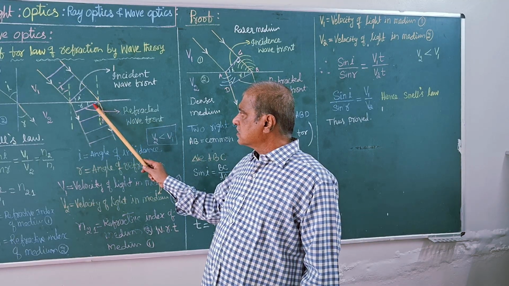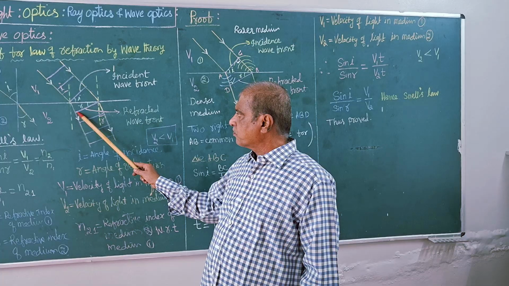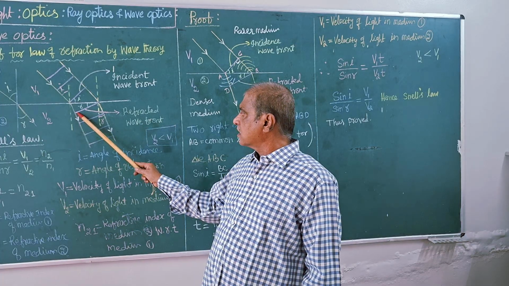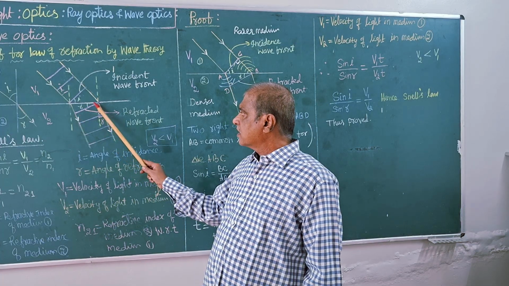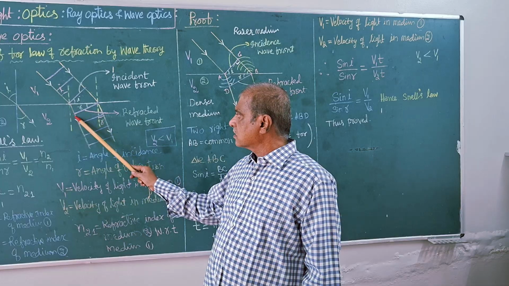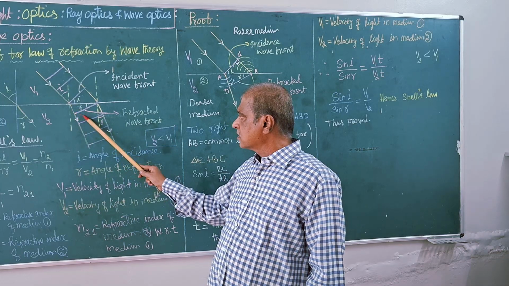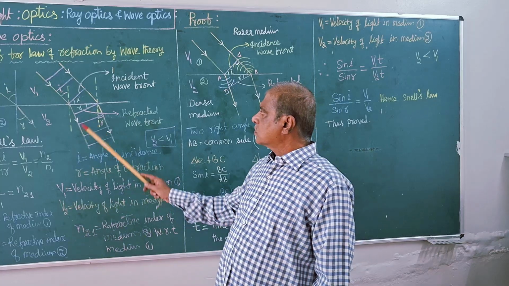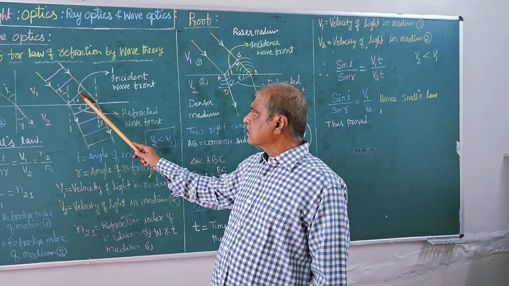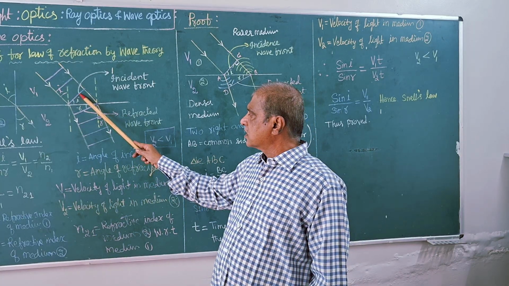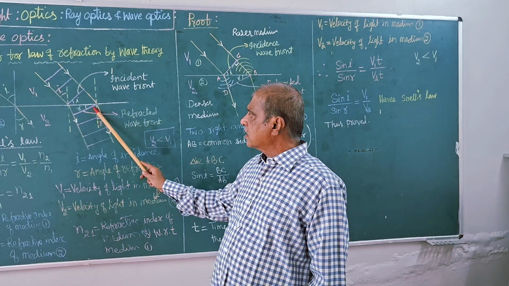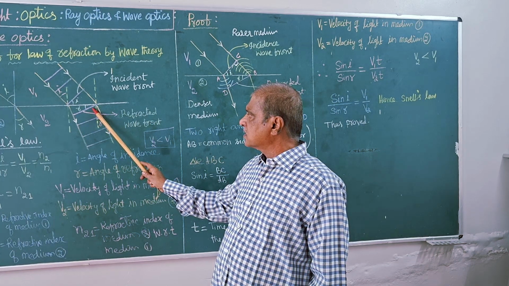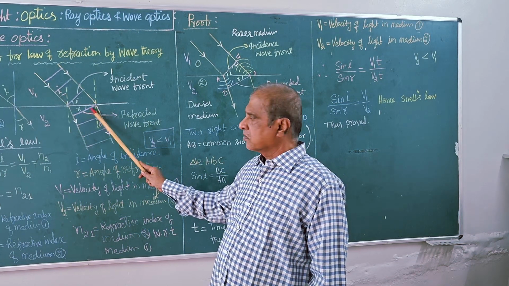So at this point these are again planes, and this is called the refracted wavefront. Touching here and here, from here there is a gap like this and it is generated like this. So this is the incident wavefront that is just touching the surface, and this is the refracted wavefront that just appears after the refraction, the plane.